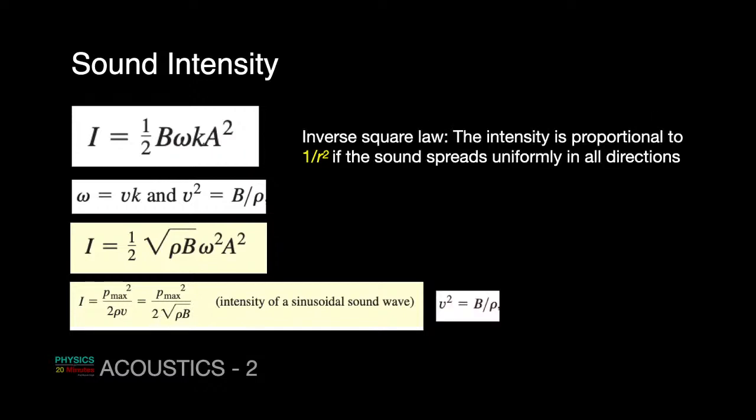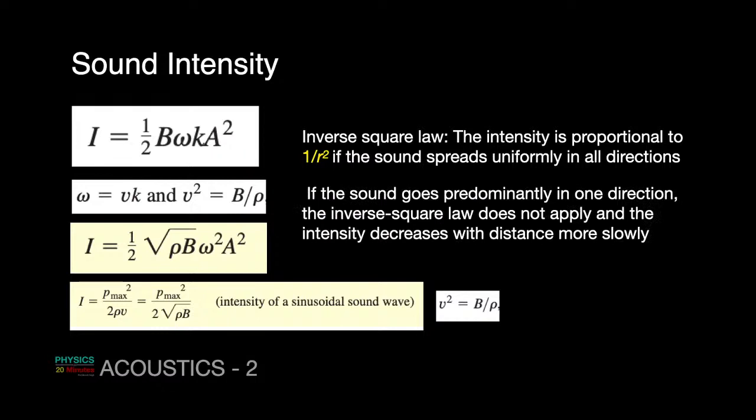Do remember that if it's a free space, that means if you have a point source of sound and the sound spreads out in all possible directions uniformly, then the intensity is proportional to 1 over R square.